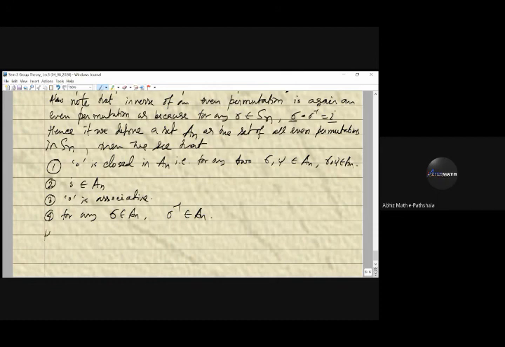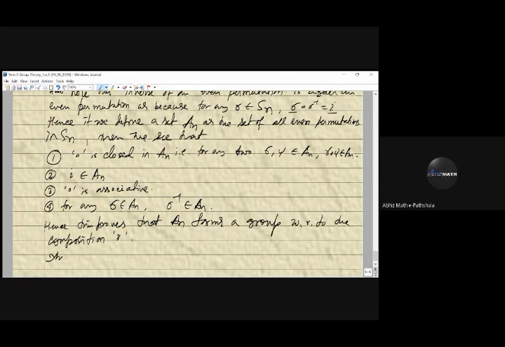So hence, this proves that An forms a group with respect to the composition circle.